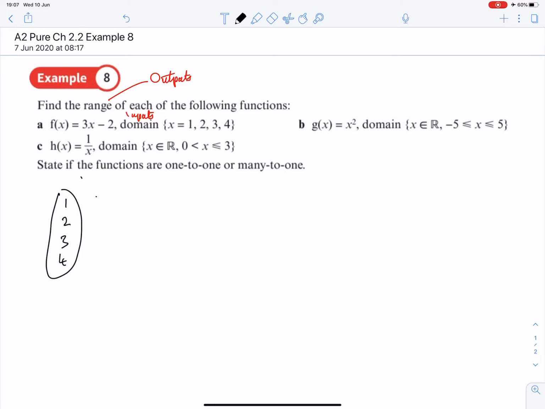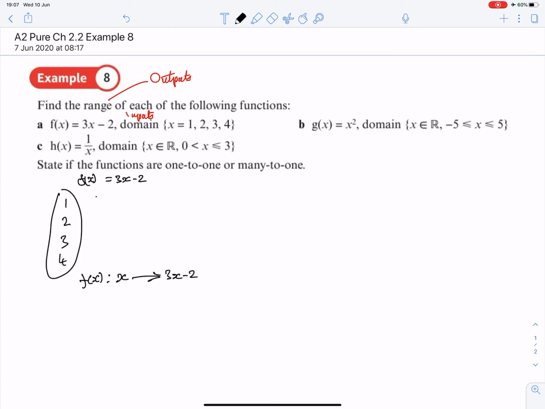The mapping is f(x) is equal to 3x minus 2, or we could write that as f: x is such that x is mapped onto 3x minus 2. So that would be another way of writing the same thing.